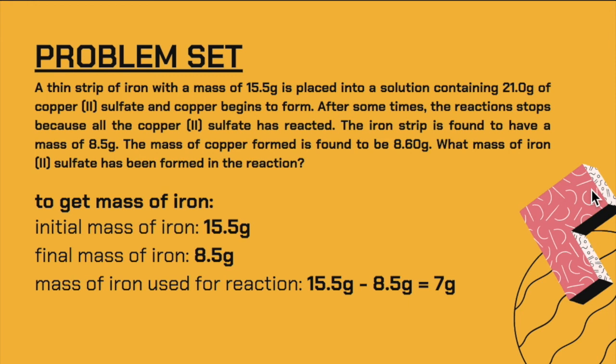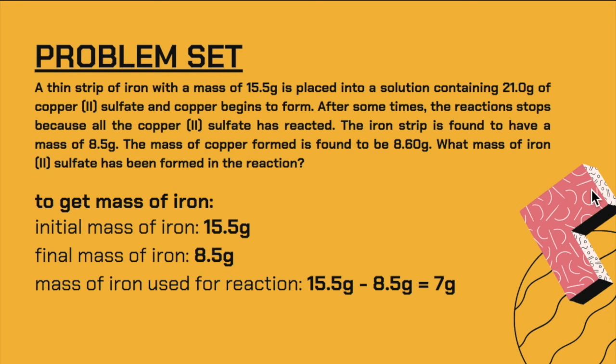However, these masses are not the masses that we will be using for our equation. Okay, so to get the mass of iron used for the reaction, we will be subtracting the initial and the final mass of iron. So this problem also introduces the idea of limiting and excess reactants or reagents.